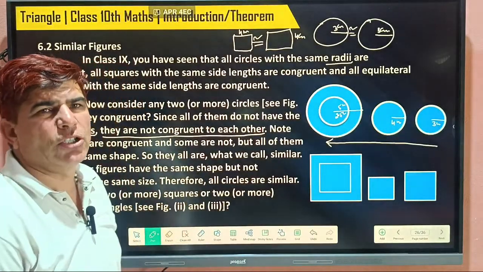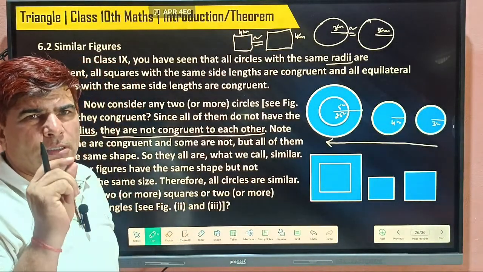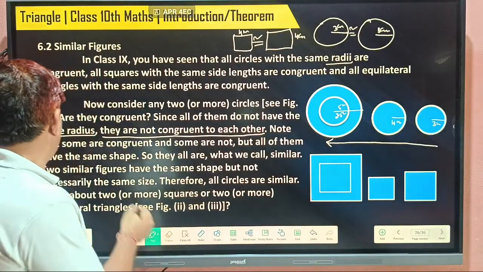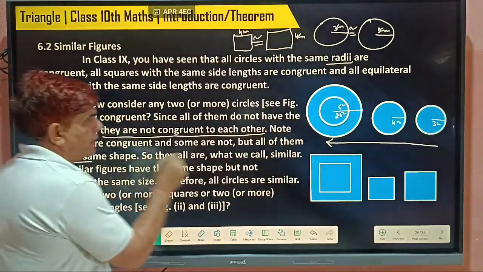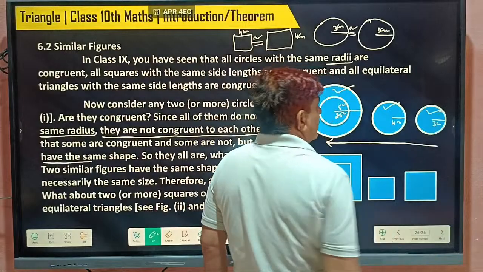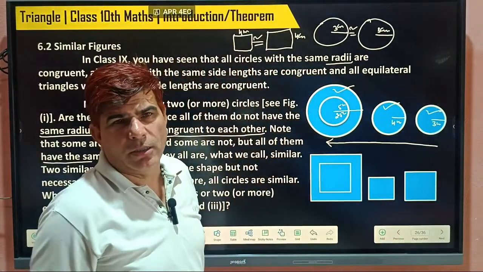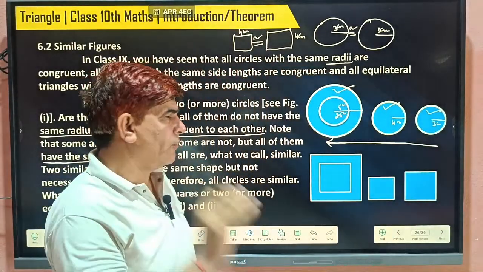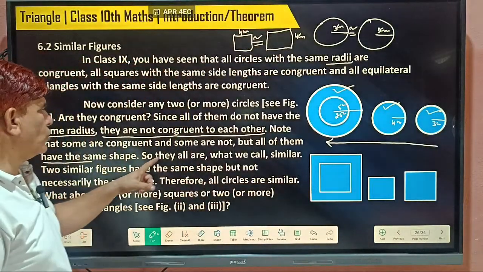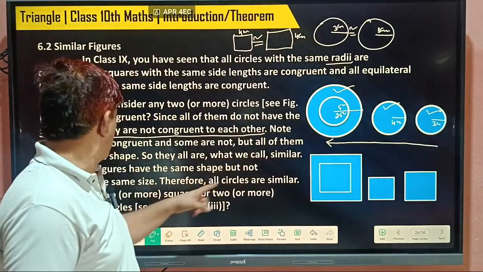This is the definition of similarity: same shape but not the same size. So we can say all these circles are not congruent, but all are similar. Why? Because their shape is the same.